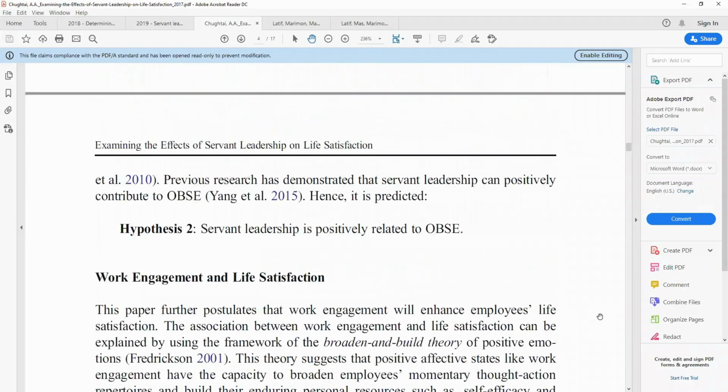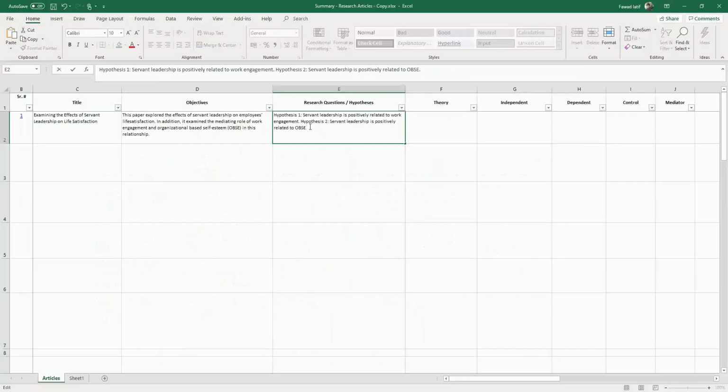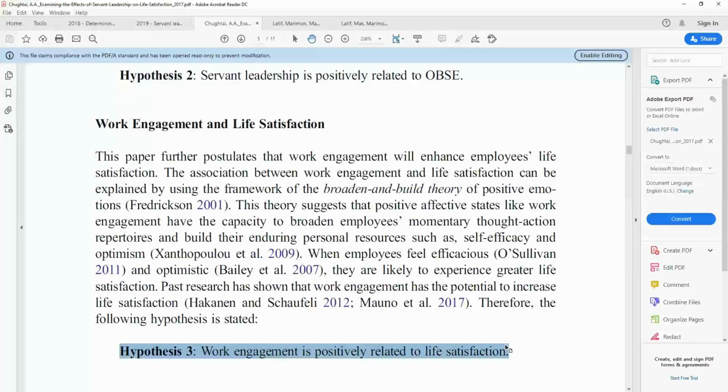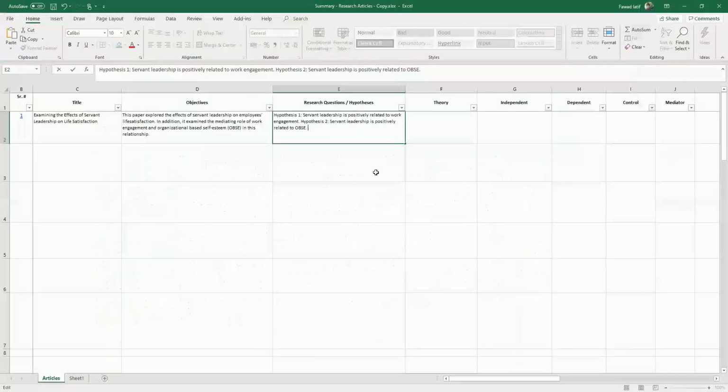Now this is H2. Now we can have H3 as well, H4. So here is H3. So on and so forth. You can copy all these hypotheses. I'm just going to leave it here because then we'll be copying only hypotheses.